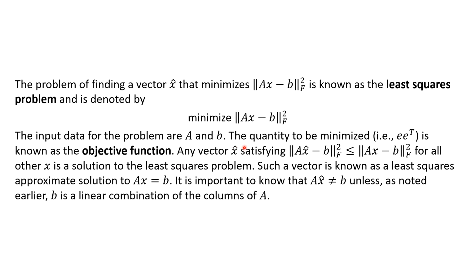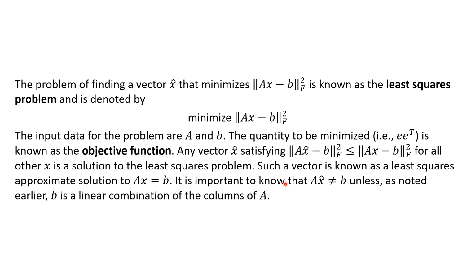Any vector x hat satisfying this inequality for all other x is a solution to the least squares problem. So this leaves open the possibility of having multiple x hats that give you a minimum value for this norm. Such a vector is known as a least squares approximate solution to Ax equals b.